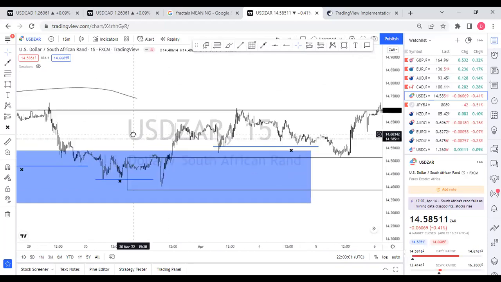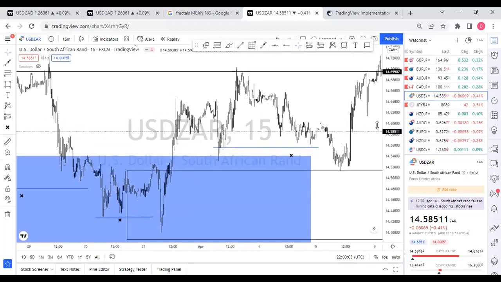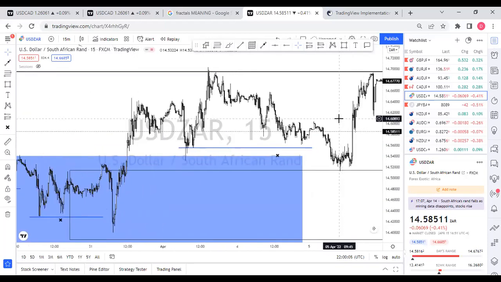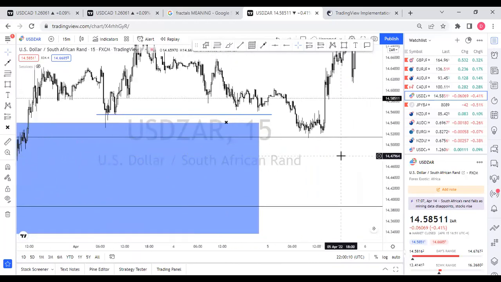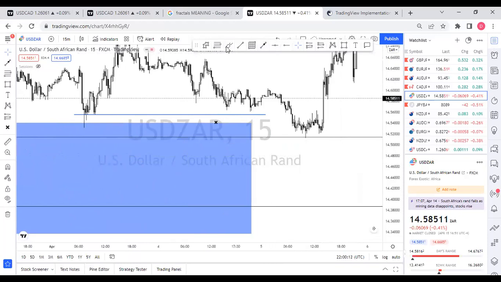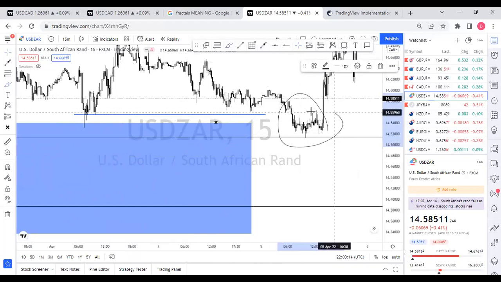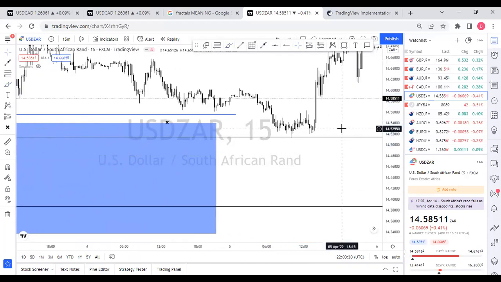All right. So here was our point of interest, right? And then look at this area here. Can we see what happened here? Okay, so let me zoom in so we can see.